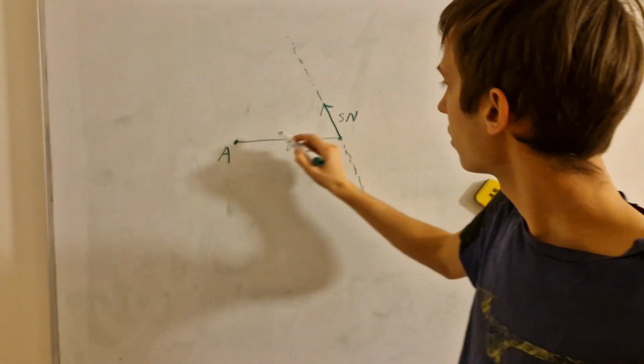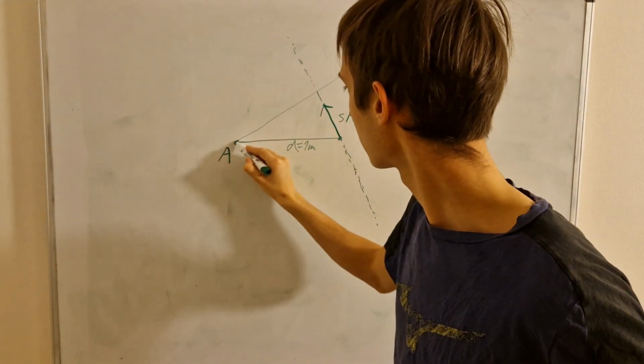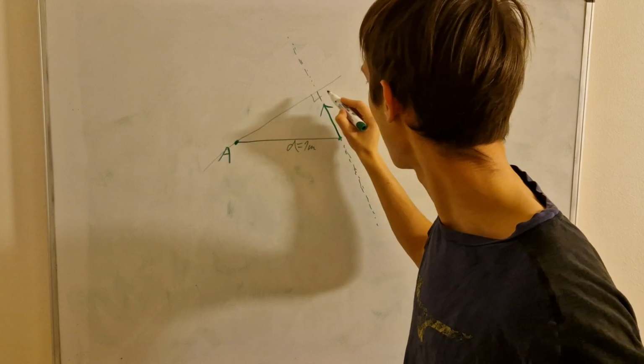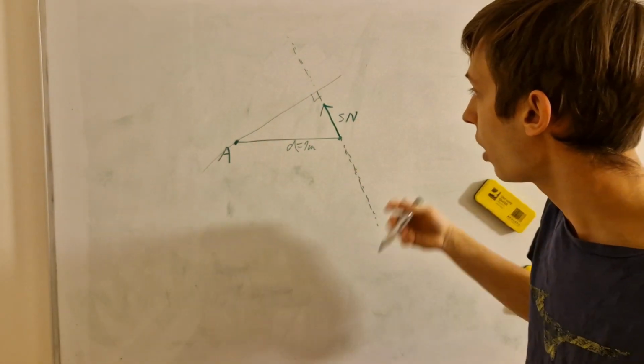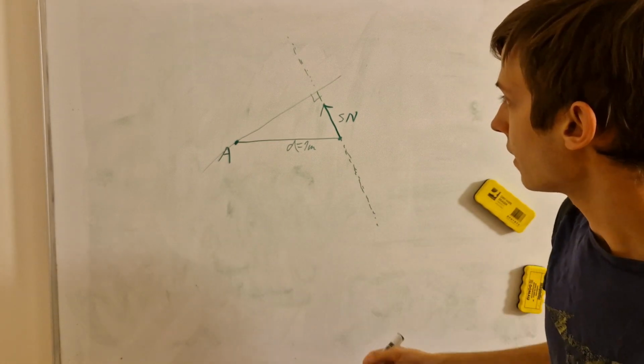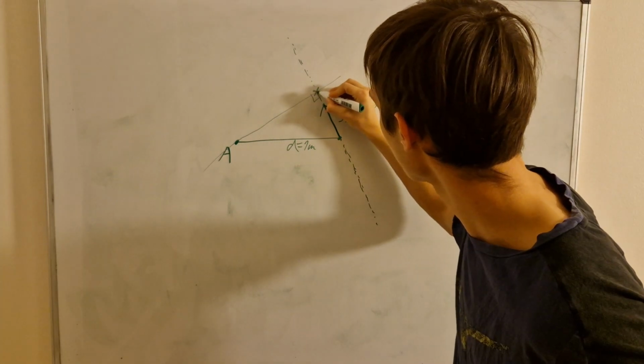So we need some line like this that will be perpendicular to the action line of the force, because this is our force. So now the moment is going to be something like, basically we're taking just this segment's length.